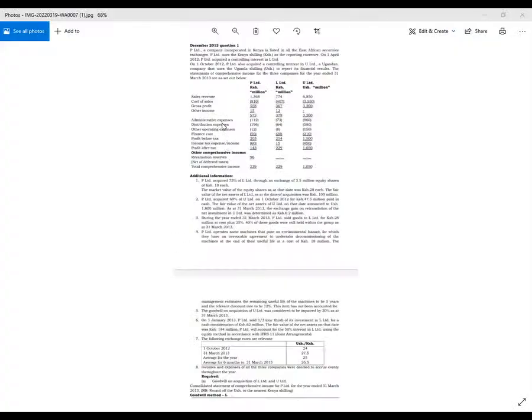So the other expenses, how do they look? We have here administrative expenses.